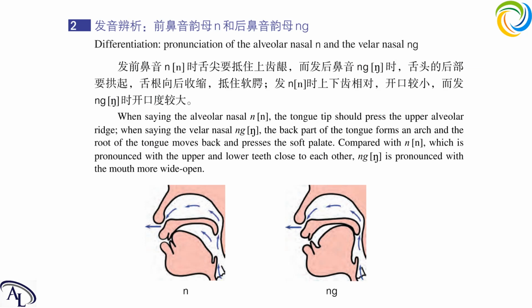Okay, read after me. And for this one, you can see we rise up the back part of our tongue. Rise it up and try to use your nose too. And the shape of your mouth will be more wide open than for the other one.